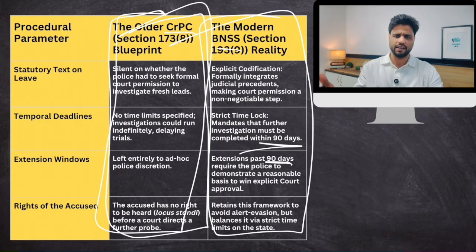There are various other safeguards so that police doesn't misuse its powers. Earlier, if police wanted to keep someone in jail, they would just give the excuse to the court that we are continuing our investigation, we are further investigating, we need another date and whatnot. That cannot be done. There is a maximum 90-day limit.